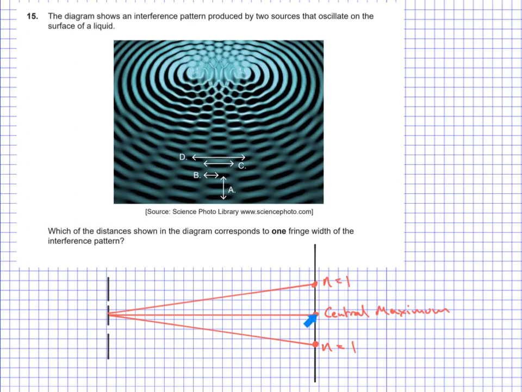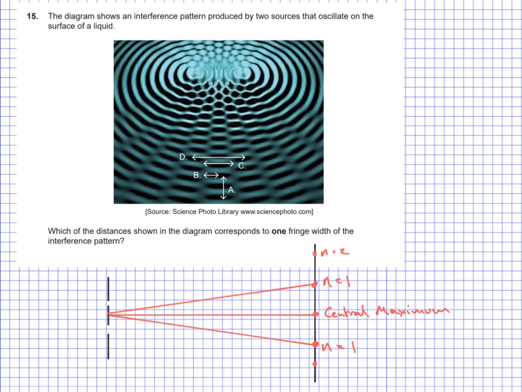So we have this bright spot, darkness, bright spot, darkness, and we'd obviously keep going. There'd be another one here, which we would call N2, and then that would be the same as down here, and so on. So a fringe is referring to the distance between two bright spots, or the distance between two dark spots. It's really the gap between these guys here.